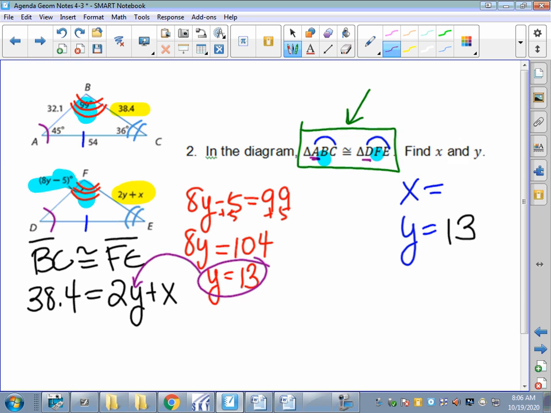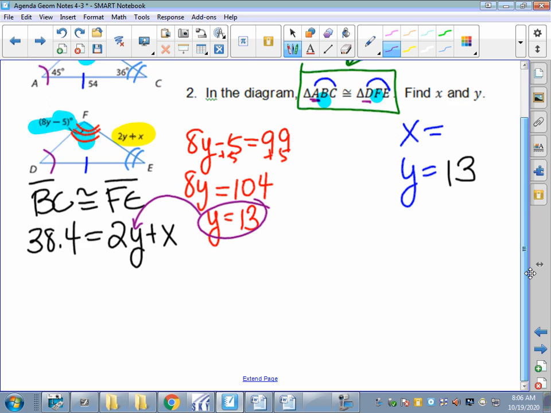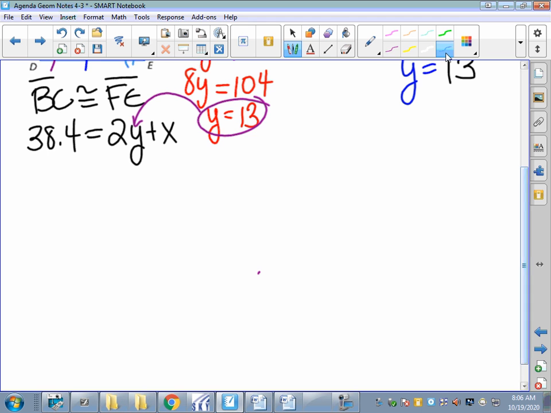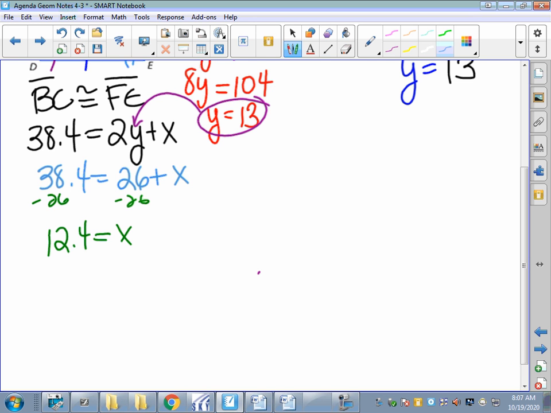You can do it before or after, whatever makes you happier. So when I do a 2 times y, that's going to be like 26 plus x. And then I can go ahead and solve by subtracting 26. So x has to be equal to, what's that going to be, a 12.4?